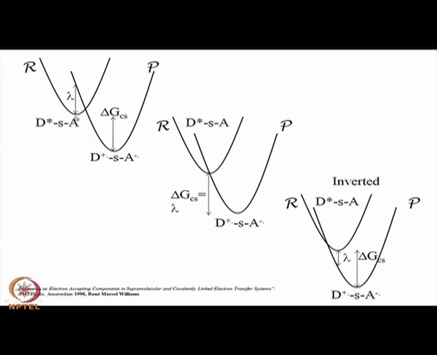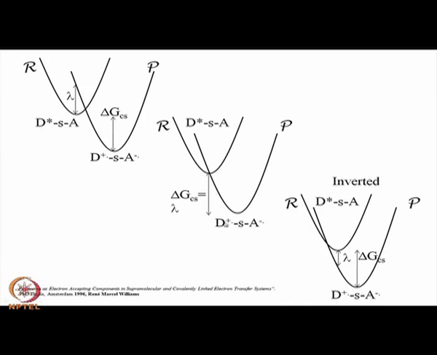This is your lambda, the reorganization term, and this is your delta G CS. This is your optimal case, when lambda and delta G CS, the charge separated one, are the same. So, it is exactly matching, and it is a barrierless process.